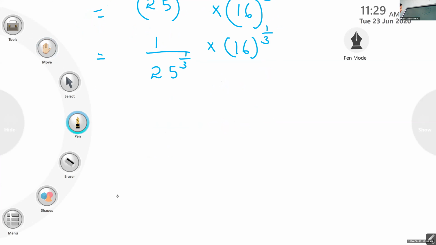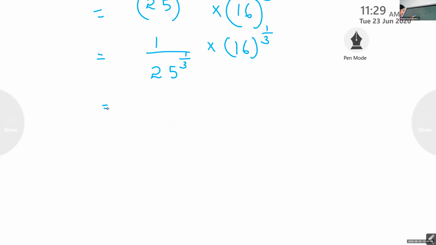What will you write as the next step? 1 into 16 raised to 1 by 3. 1 into 16, will you write it as a single step? See, listen. It is 1 by 25, 25 is there in the denominator and 16 is there in the numerator. Okay. So write it as a single fraction.